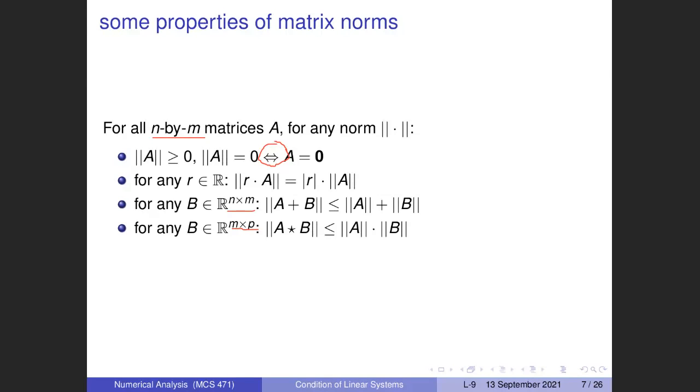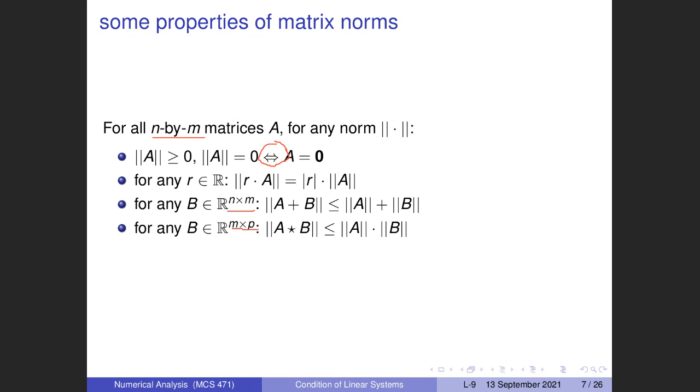So we will apply these properties of matrix norms when it comes to estimating the errors on our linear systems. We will compute a solution vector, and we will assume that we have the exact solution vector.